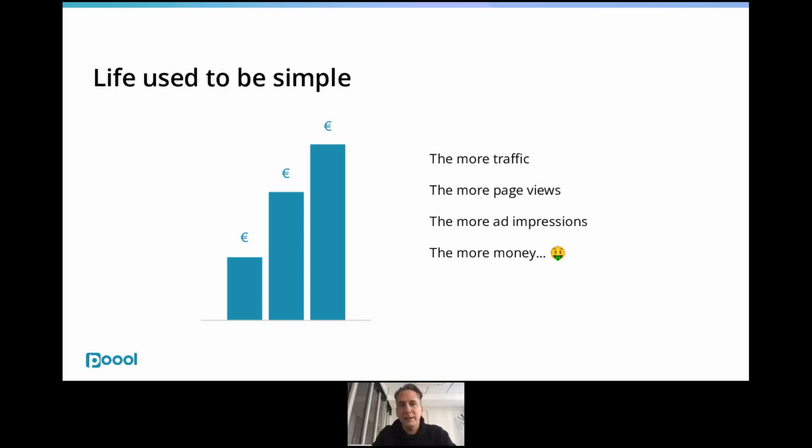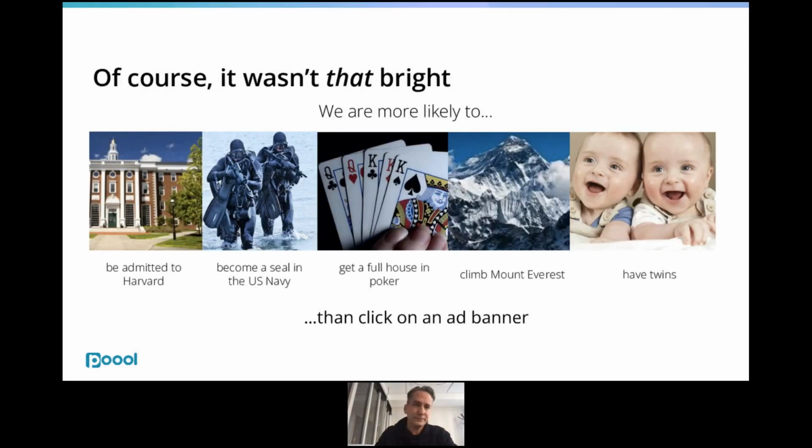And the impression machine scheme is a bit broken now. Because first of all, we moved from a branding to a performance culture in digital, which is great, by the way. But if you think about click-through, you're more likely to be admitted to Harvard, become a SEAL in the U.S. Navy, get a full house in poker, or climb Mount Everest. But I'm sure maybe some of you did so, or have twins.